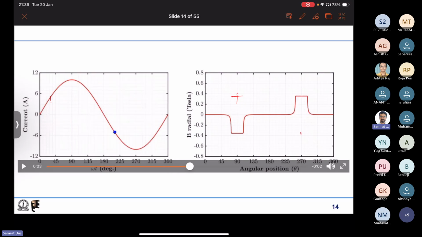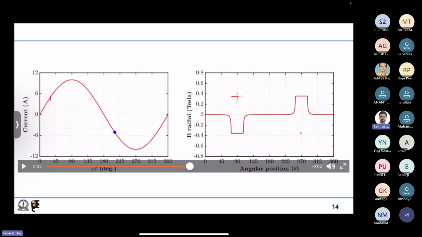Then because current reverses its direction, the flux density changes: at the y axis, that is theta equal to 90 degree, you had positive flux density earlier, and you had negative flux density at theta equal to 270 degree. But now because current has changed, you have the opposite case, that is you have negative flux density at 90 degree and positive flux density around 270 degree.